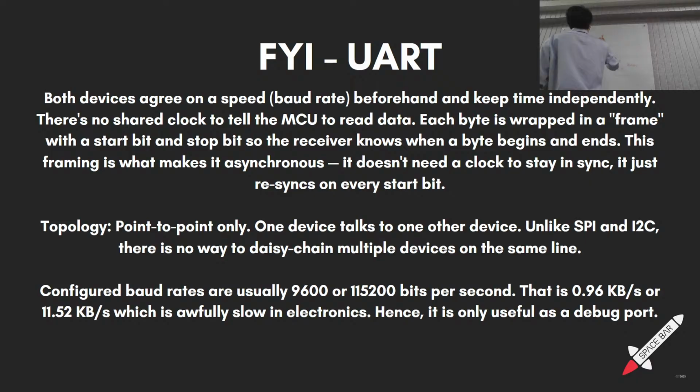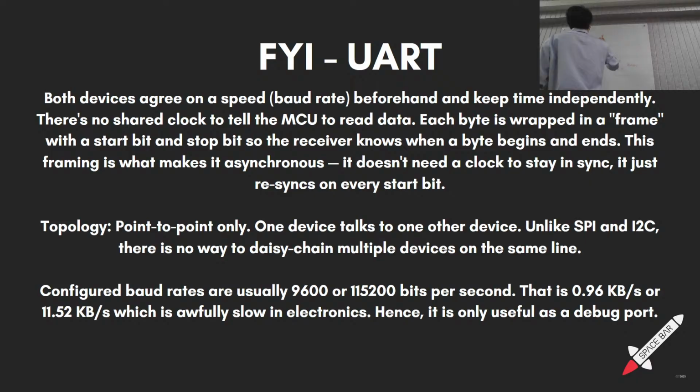So take note, for example, usually we don't have a parity bit, so this is missing, and so the efficiency of the message would be 10 bits, right? So your data rate will actually be 960 bytes.